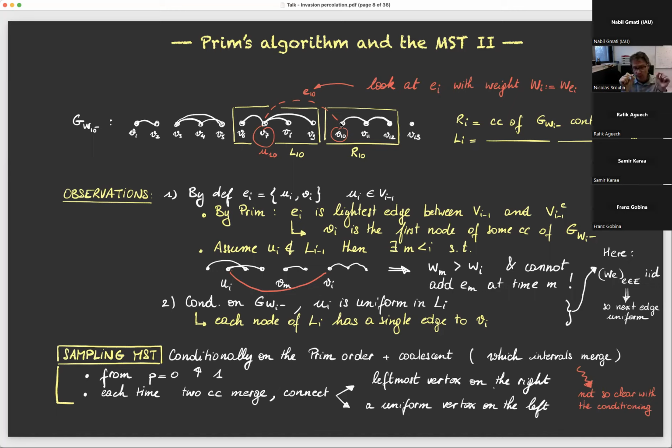If you do this, at the end, you obtain a tree that is distributed exactly like the minimum spanning tree. Okay? So the only caveat is that it's not so clear how to figure out what the coalescence events are, because it's actually difficult.